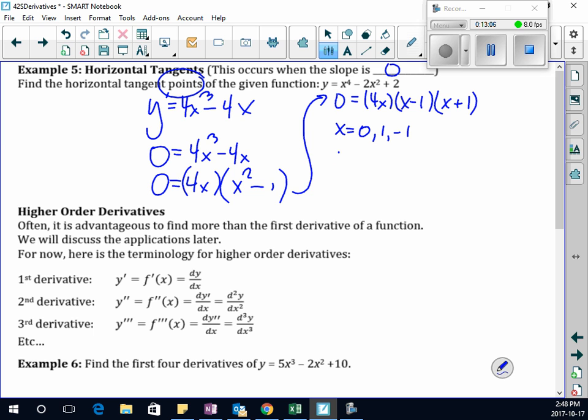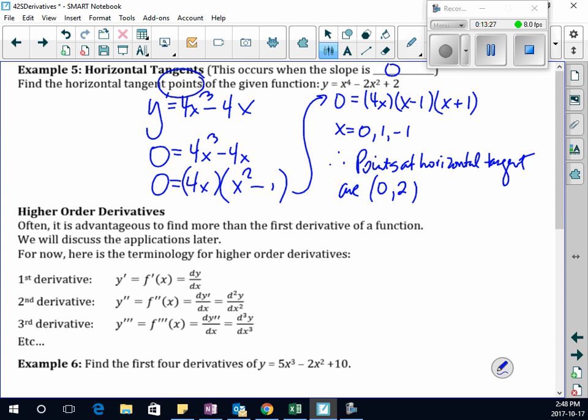So therefore, points at horizontal tangent are 0, comma, nope. What's f of 0? 2.